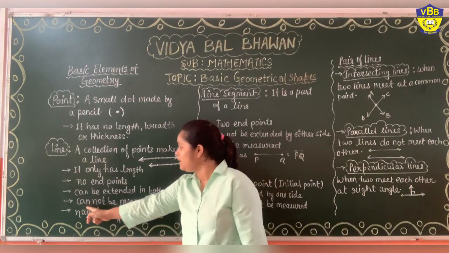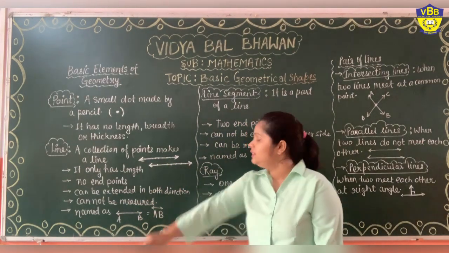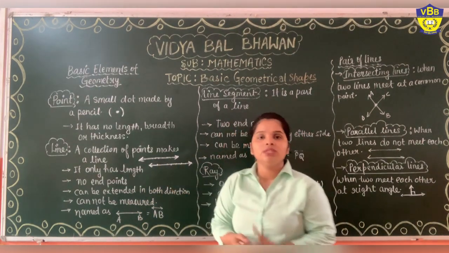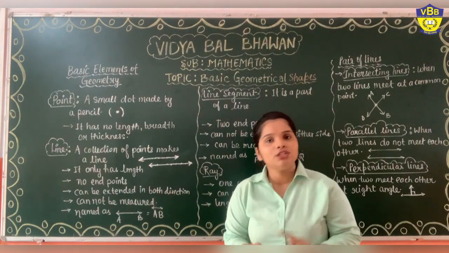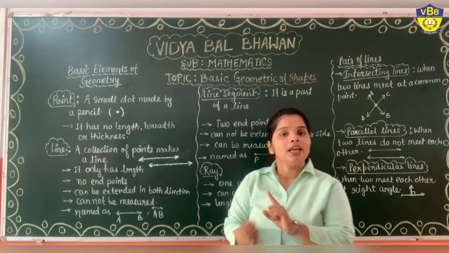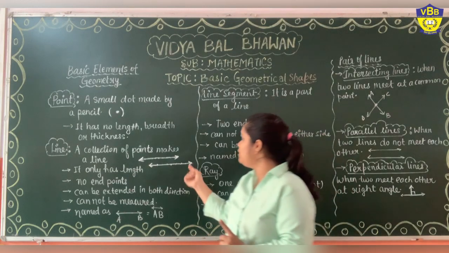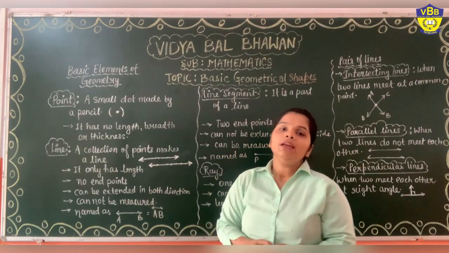That means we cannot measure a line. We cannot say that a line is 2 centimeter or 7 centimeter or any other measurement. We cannot measure a line because it can be extended from both sides.